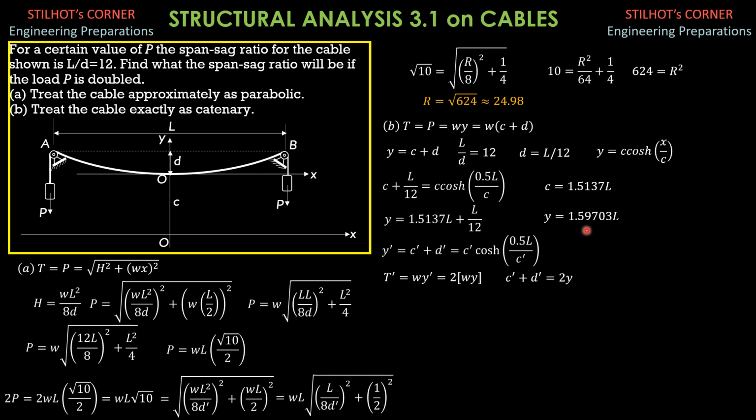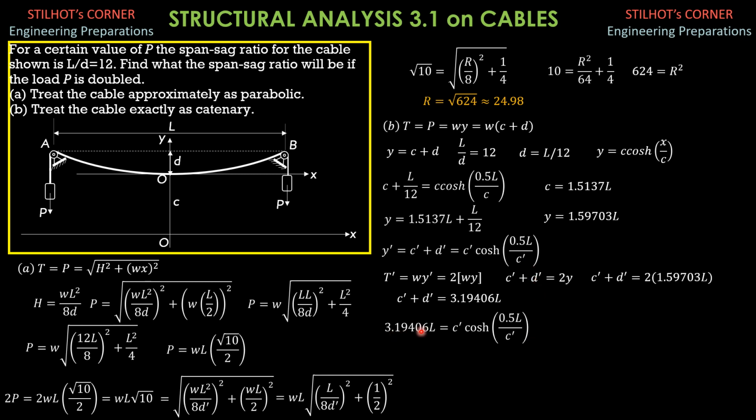And Y is 1.59703 L. So C prime plus D prime is 2 times 1.59703 of L. So that means C prime plus D prime is equal to 3.19406 of L. Then we substitute it into, because this is Y prime, into the equation of catenary. So 3.19406 L equals C prime cosine hyperbolic of 0.5 L over C prime.